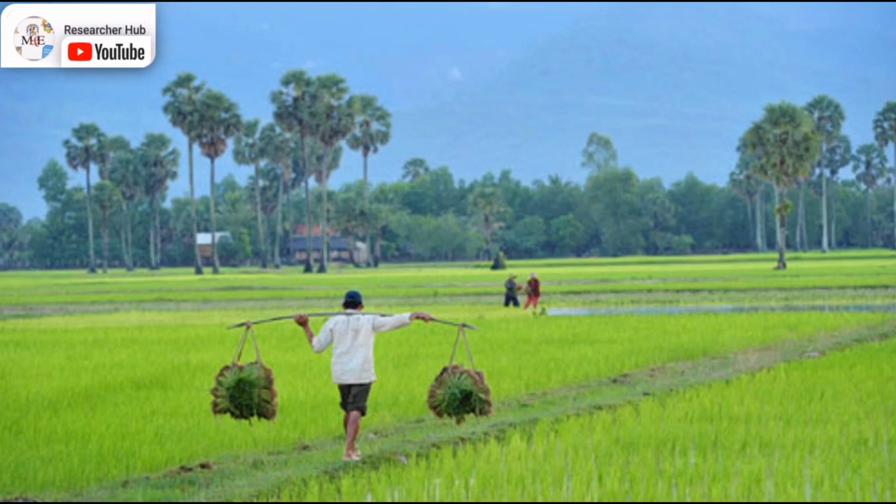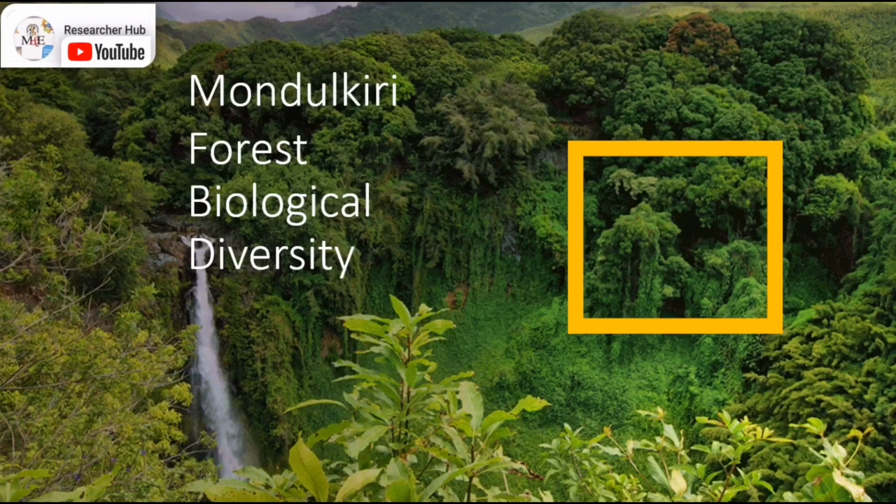I'm not really an expert in agriculture, so I cannot tell the detail about that, but I can bring you another example related to forest biological diversity, from a project I participated in last year. We were working in a province on conservation, protecting the forest and wildlife.